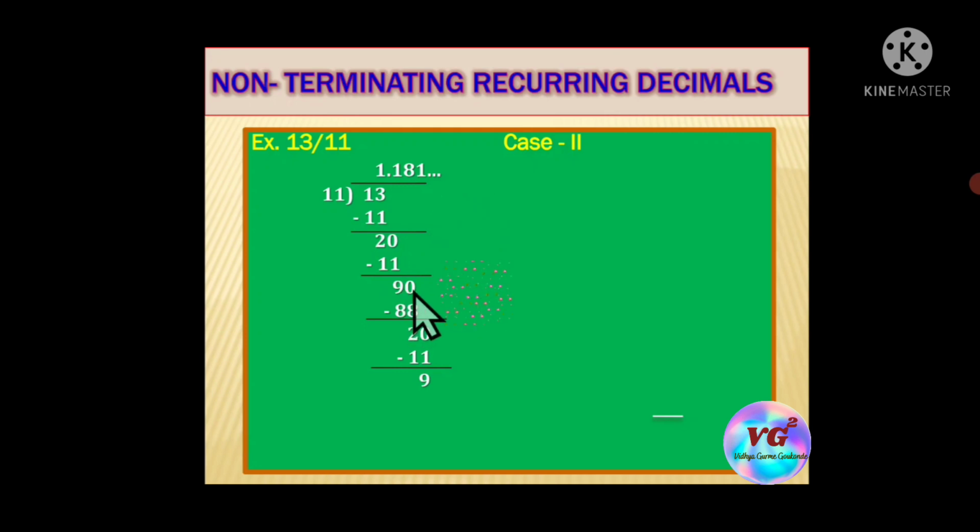One more 0 we will take here. 11 eights are 88. 90 minus 88 will become 2. One 0 we need to take, so it will convert into 20. 11 ones are 11. Again 9 is remaining.